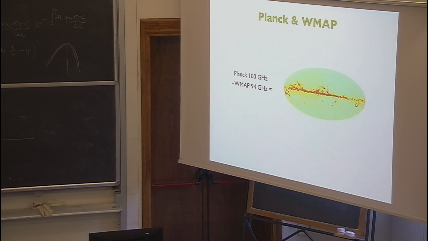Let's call them B of the frequency, nu, and then there's a central value somewhere around 94 gigahertz, and there's a band pass that maybe looks something like this, and then there's 100 gigahertz, let's say, and the Planck band pass looks something like this. So the question is, how do you end up with a map that looks like this if you take the difference?